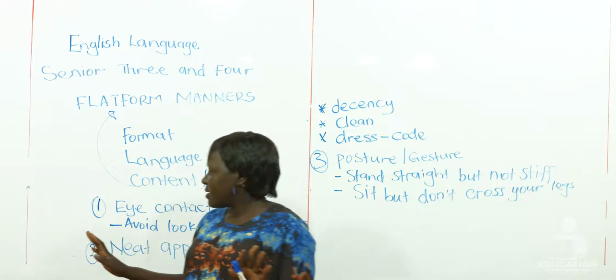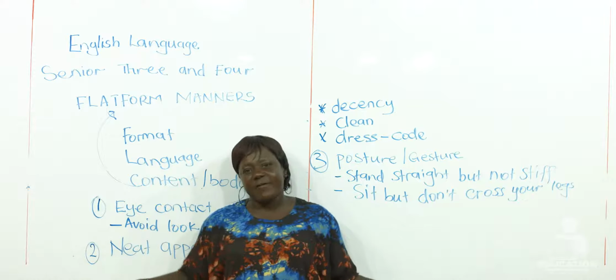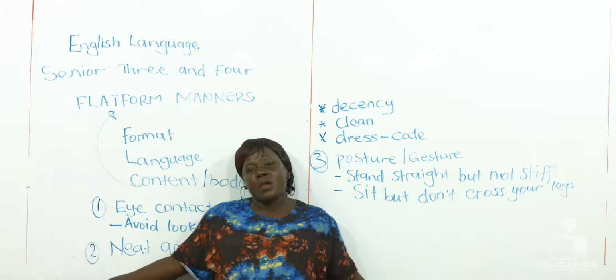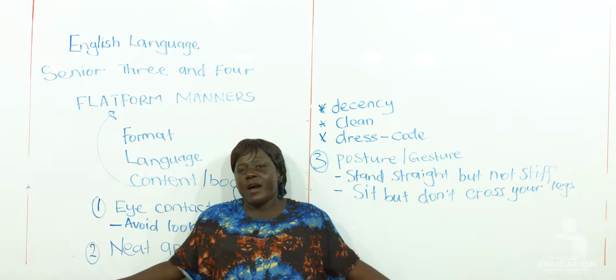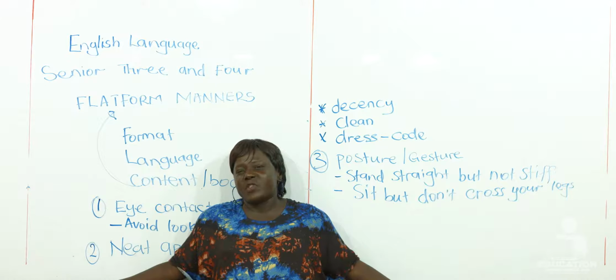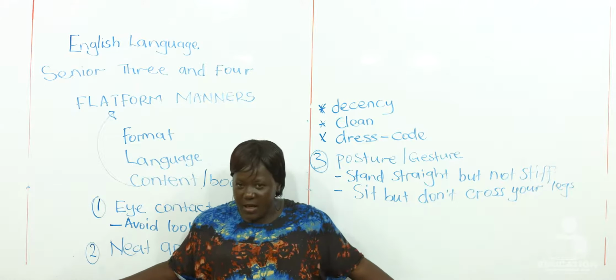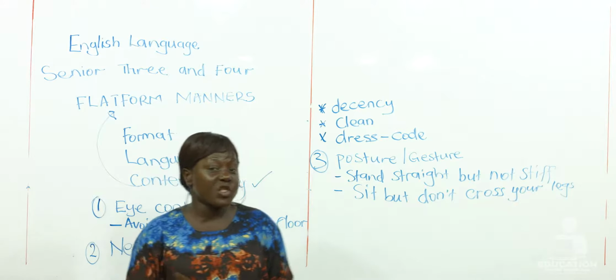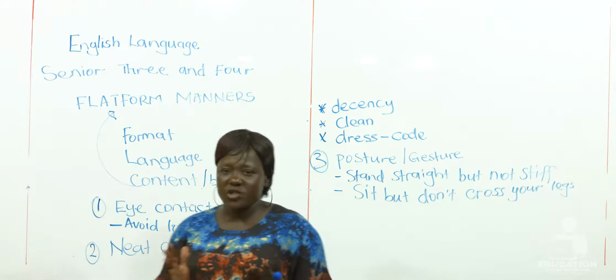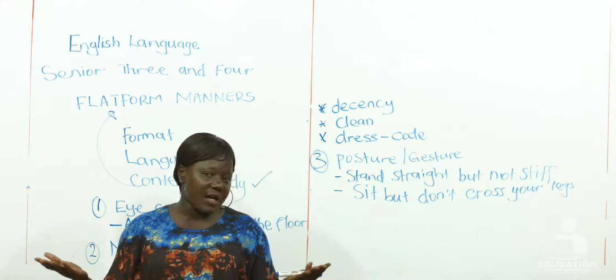Don't lean. Don't just lean comfortably and begin to say, "Okay, today I am here to tell you about the condition of our people living in the IDP camps." Then they will say, either you have come to insult them or you are not willing to speak with them. Don't lean. Just stand straight and speak naturally.